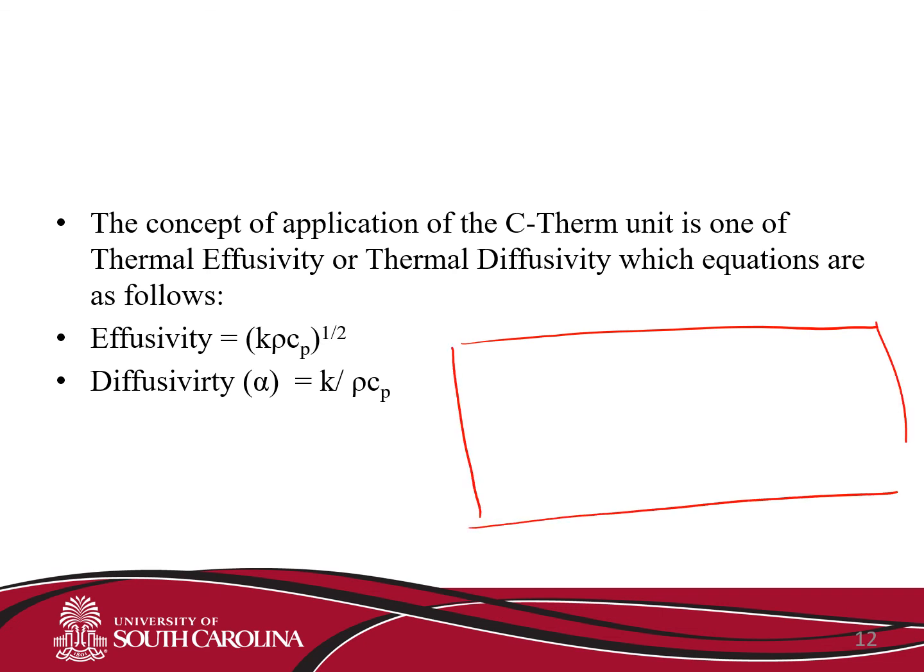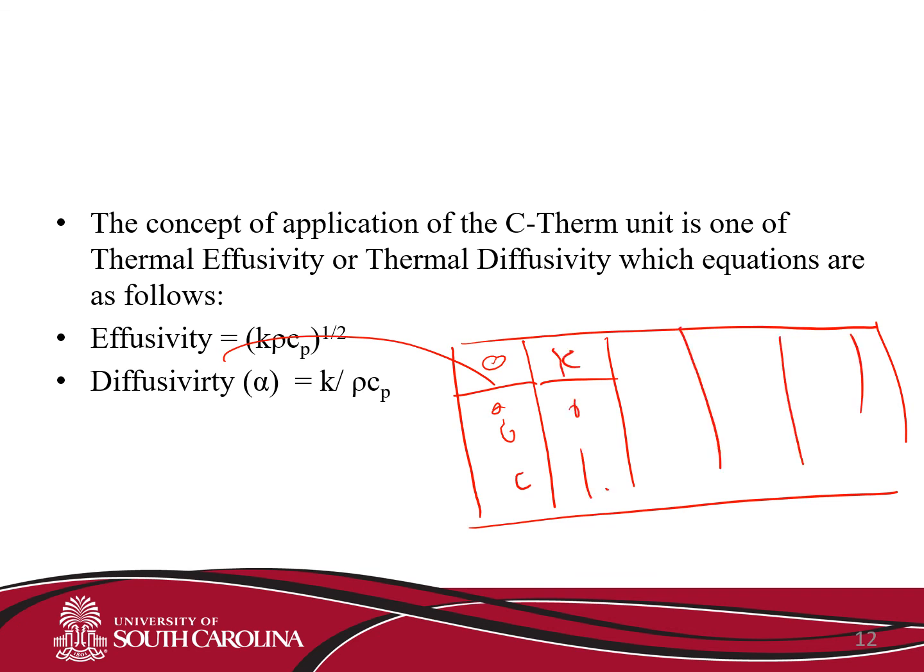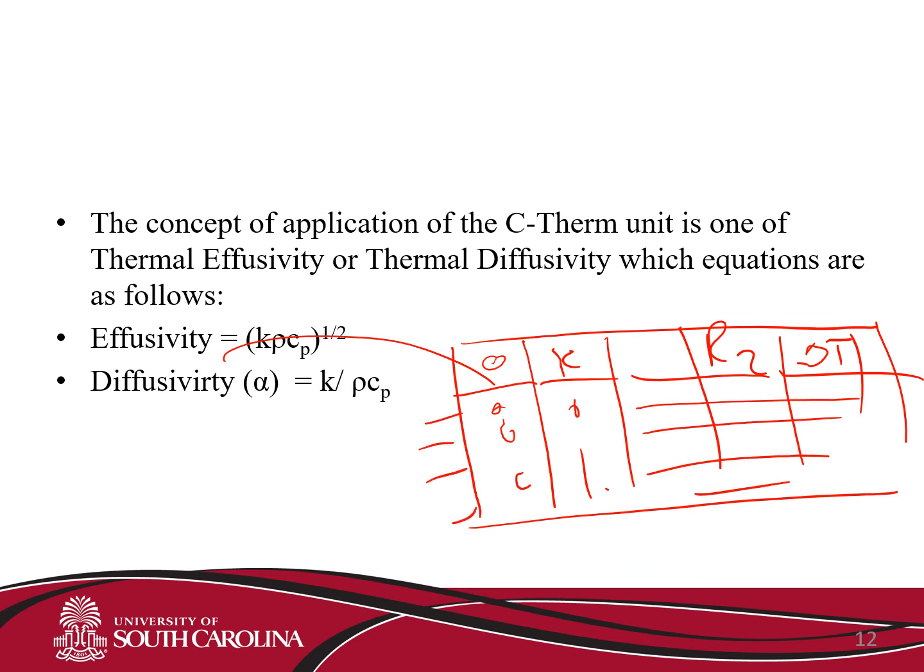This table directly gives you the effusivity, the thermal conductivity of materials, the temperature delta T, resistance and so on. These values will give you five different values of thermal conductivity for the material, PLA, that we are going to calculate.